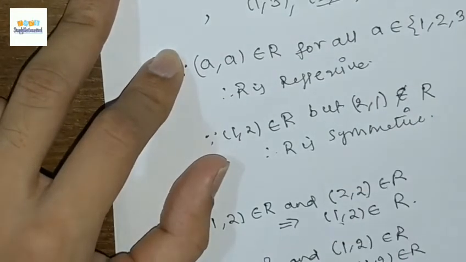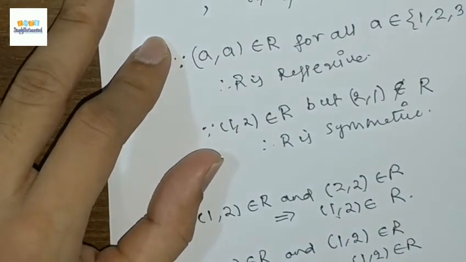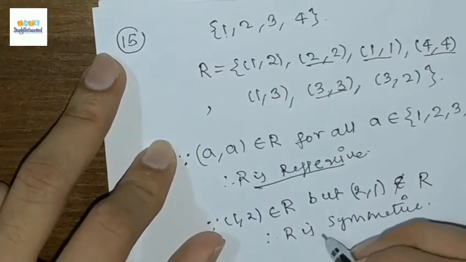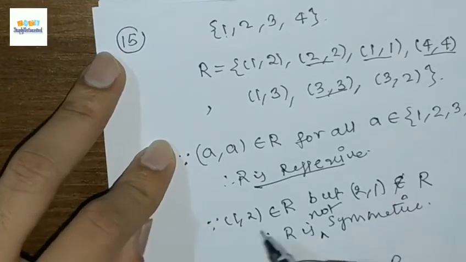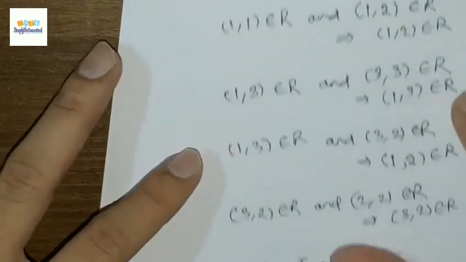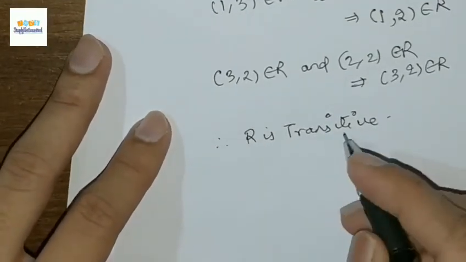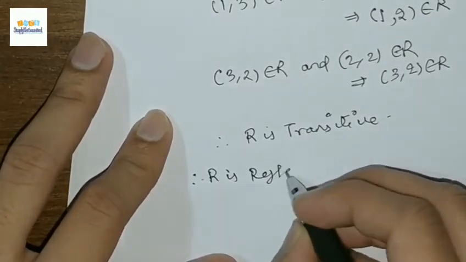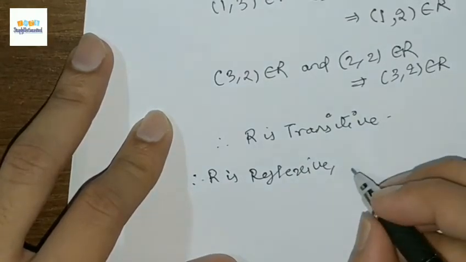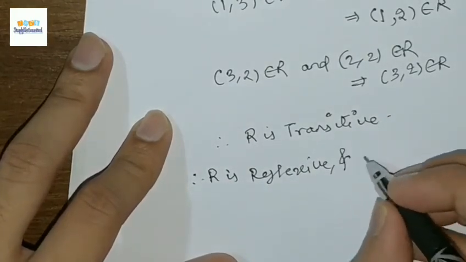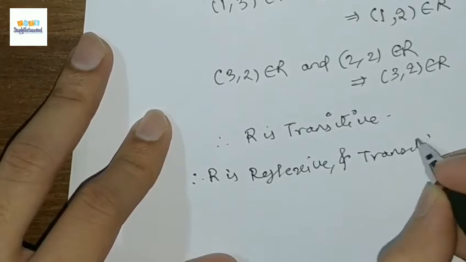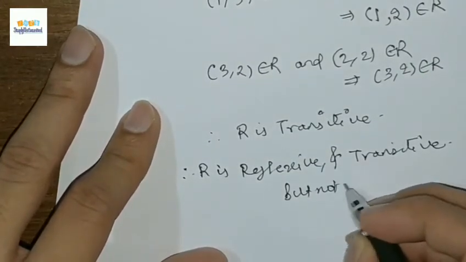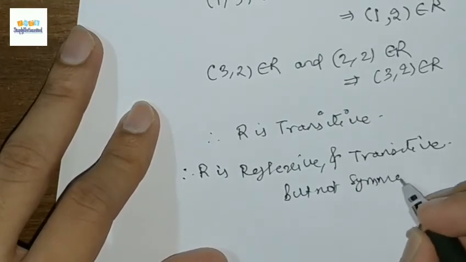So we got that R is reflexive, R is not symmetric, R is transitive. So therefore R is reflexive and transitive but not symmetric.